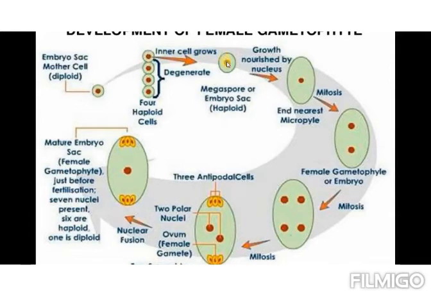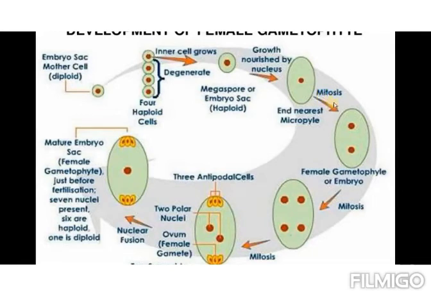This alive megaspore, which is haploid, will grow in size, and now this is nearest the micropylar end, and this will go for 3 successive mitotic cell divisions.